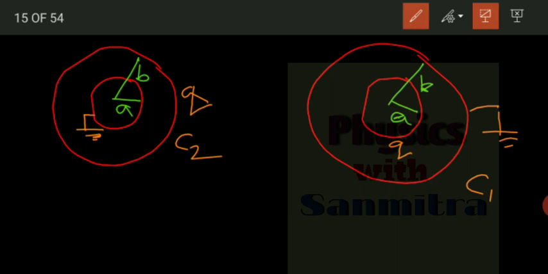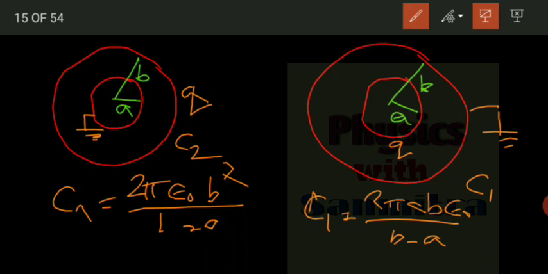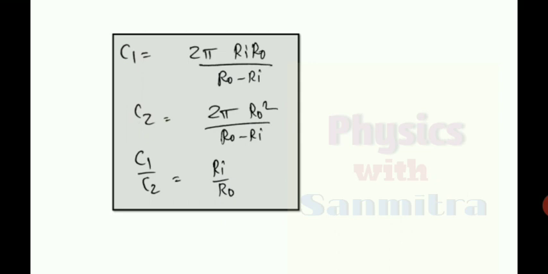Now what is my C1 and C2? C1 will be, according to the formula, 2 pi epsilon AB by B minus A. Here C2 will be 2 pi epsilon B square divided by B minus A. So if I find C1 by C2, it will be A by B. The same thing is done here: C1 is 2 pi epsilon R_i R_o divided by R_o minus R_i, and C2 is 2 pi epsilon R_o square by R_o minus R_i.